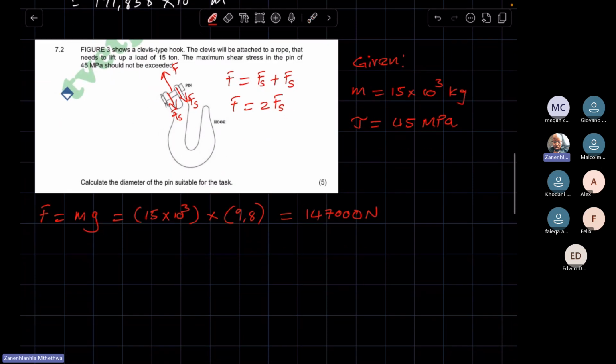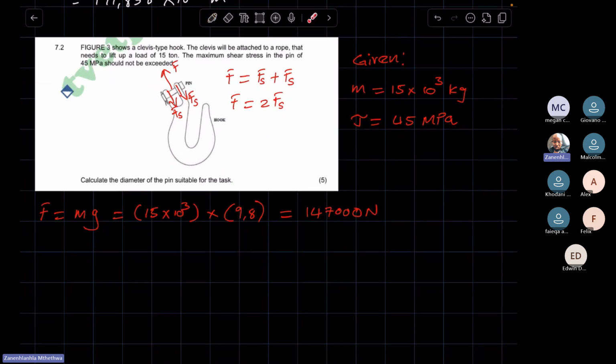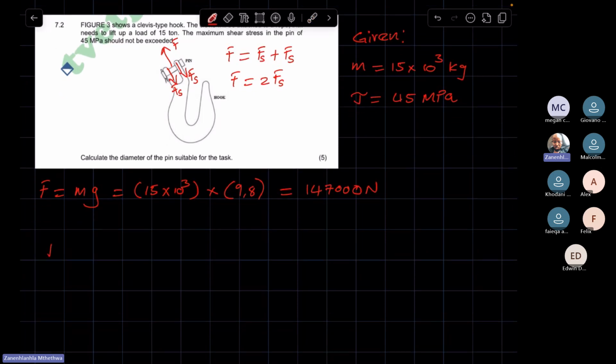Seeing that we are looking at just the pin, we are going to be using the shearing stress. Remember what shearing stress is equal to. The shear stress is equal to shear force divided by the area of cut.